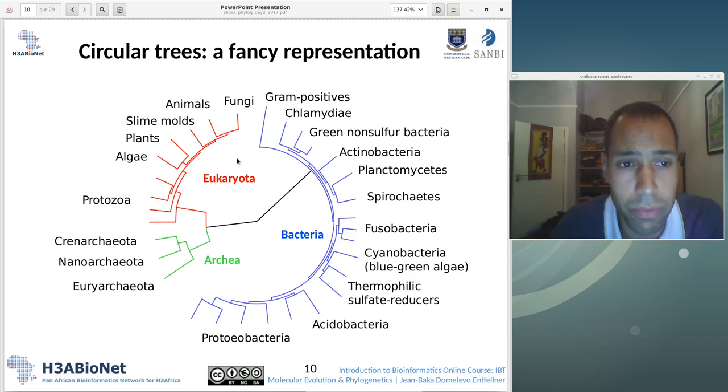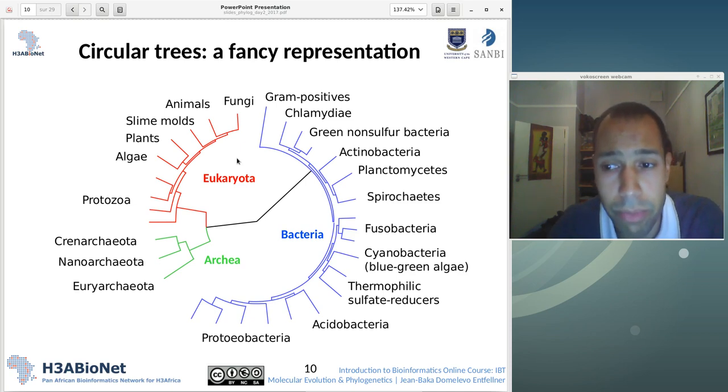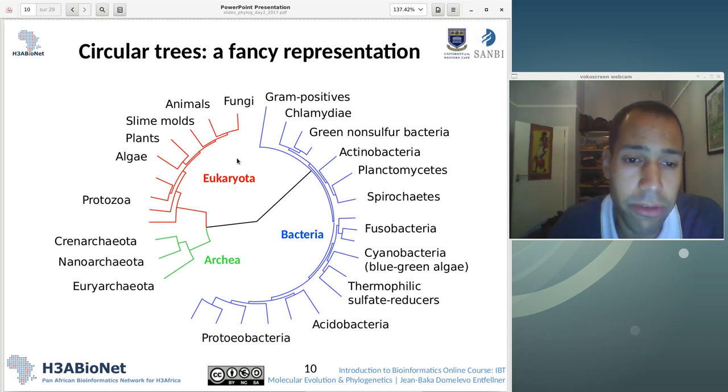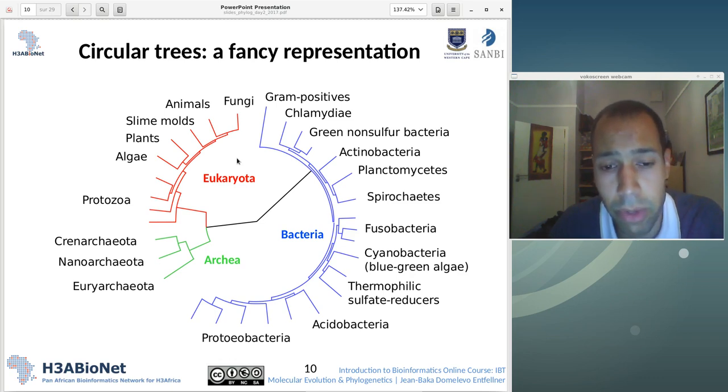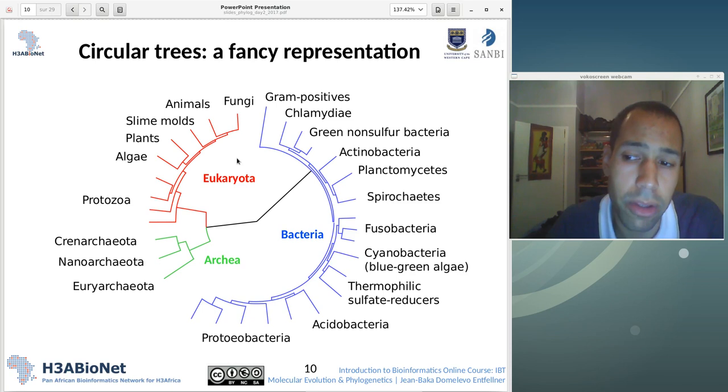Okay, so in most software to produce trees, you can choose what type of representation you want. Okay, drawing a tree is something that is an activity on its own, with software that are specialized in representing trees in a nice way. It's an activity that is totally different from inferring the tree, from calculating the tree. Okay, so you can infer your tree with a certain software.